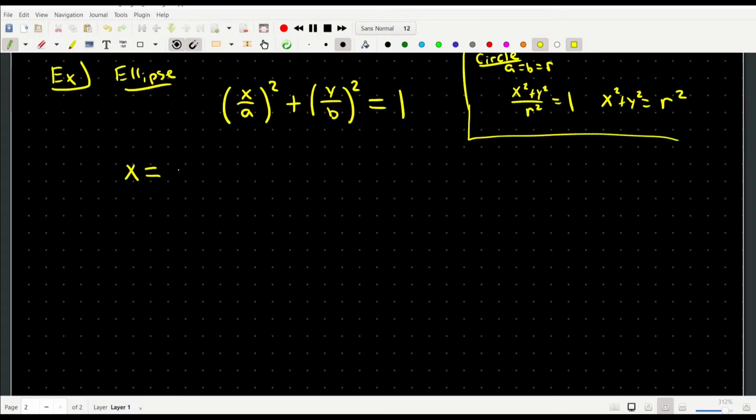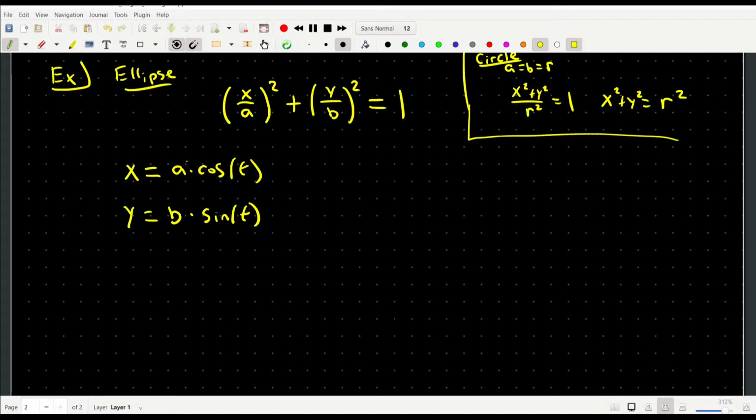If we take x equal to a times cosine of t, and y equal to b times sine of t, it's, I think, very clear to see that these two parameterizations satisfy this Cartesian equation in terms of x and y.